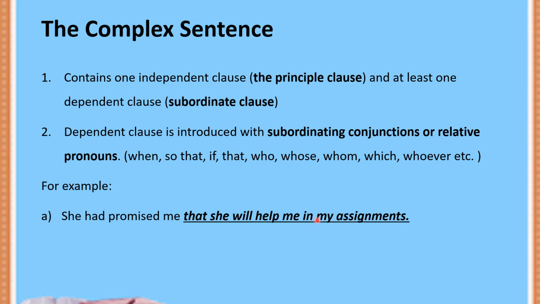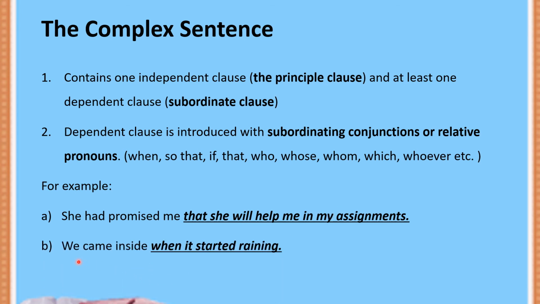It is the subordinate clause actually. And that here is the subordinating conjunction. So note that the subordinate clause is introduced with a subordinating conjunction. Here that is the subordinating conjunction and this clause is the subordinate clause.